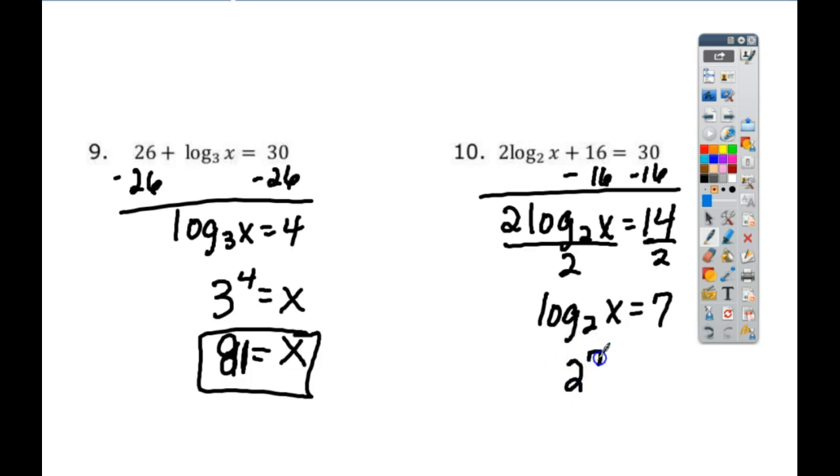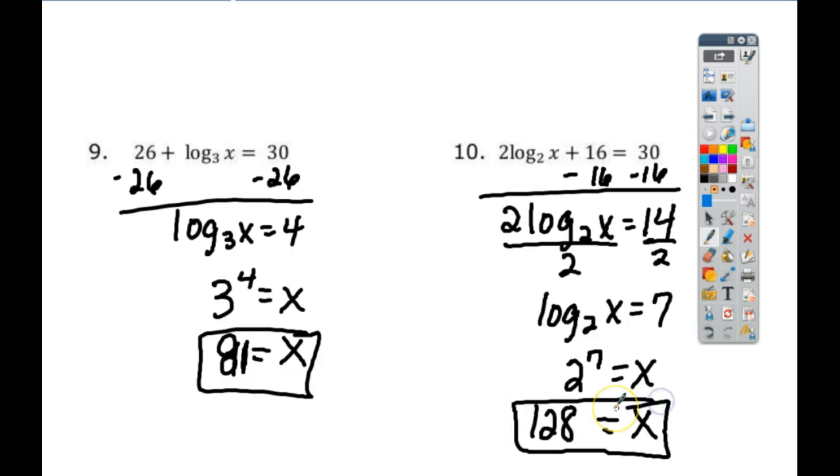So you get 2 to the 7th equals x. What is 2 to the 7th? This is not hard.